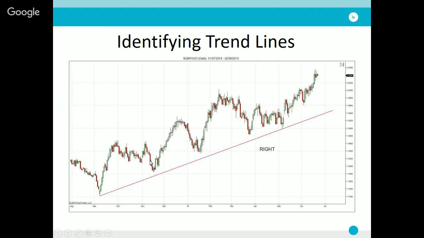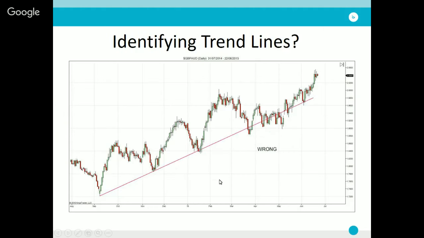It would have been correct up until the point that price broke through the trend line and forced us to update it. So if we go ahead and draw in our earlier trend line, which you can see from the most recent period of price action is classed as wrong because it dissects price action, you can see that earlier on, in fact, it would have been correct. So our trend line would have been correct and would have been valid up until this point here, okay?